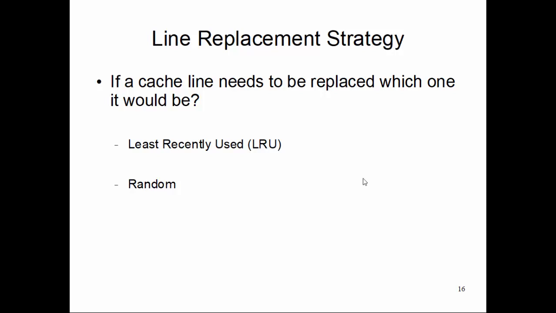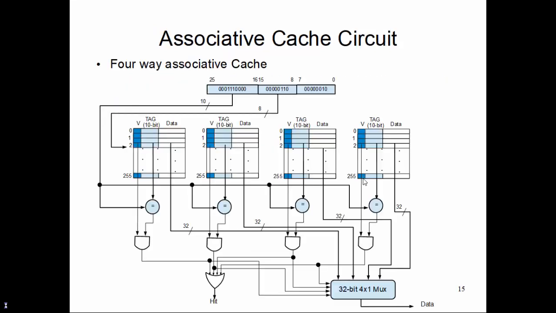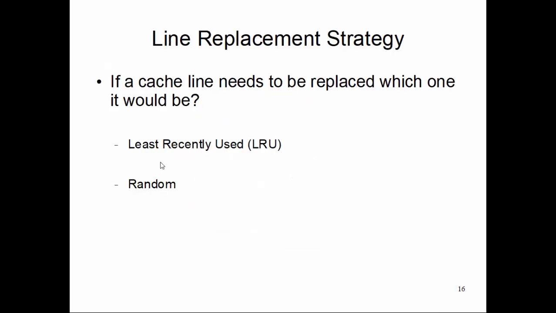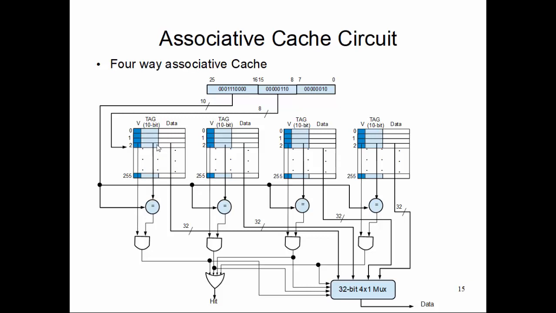And random is another, go and randomly replace one, especially if it is more than 4-way set associative, usually we go with random, because to track which one is the least recently used, we need to have more bits in the control line, and also you need to have a complex circuit to detect and determine which one is the oldest among them.